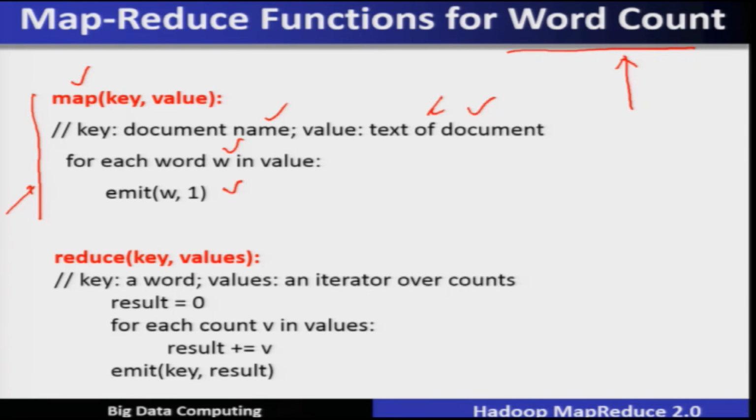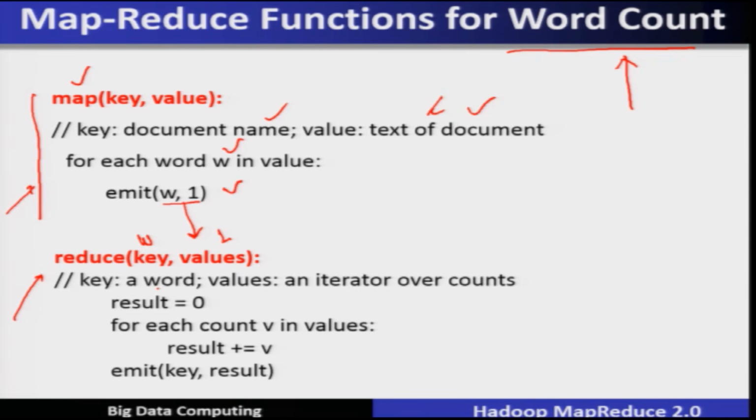Now, the next pseudocode for reduce takes the same format as emitted out of the map function. That means the word becomes the key and the value is as per the value over here. That format should match, and only then can the output of map be acceptable at the reduce function.